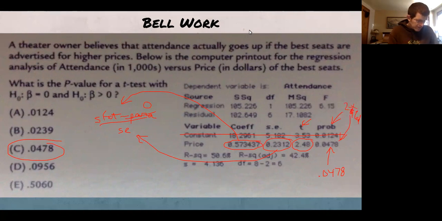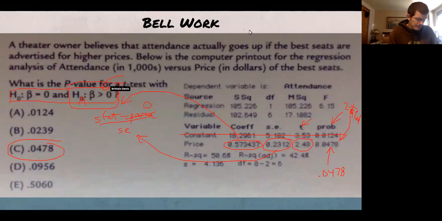If we look at our hypotheses and focus on the alternative, there's a typo right here. If we focus on the alternative hypothesis, what we will notice is that this is not a two-tailed test. This is one-tailed. We're only doing greater than.